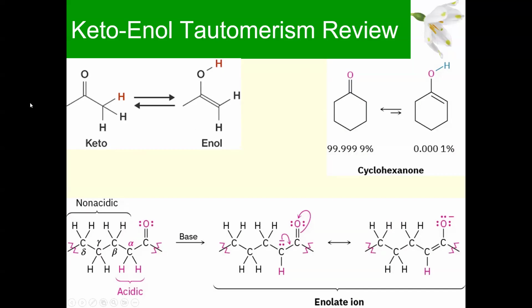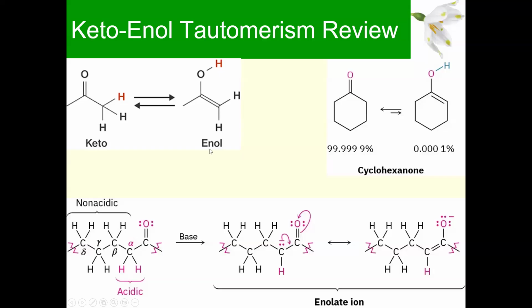So if you're pushing electrons, the electrons in this carbon-oxygen double bond move up onto the oxygen. This bond between the carbon and the hydrogen moves to become between the oxygen and the hydrogen. Okay, and then, well, I should say the electrons themselves go into making this double bond between the two carbons.